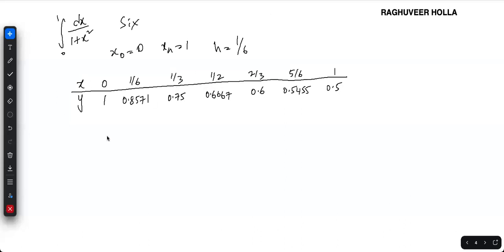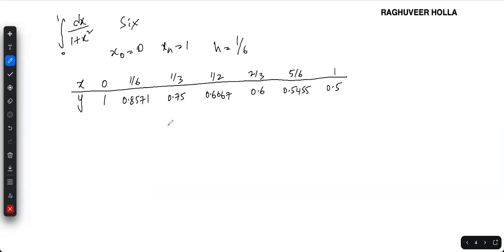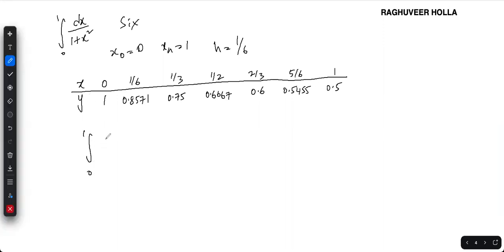So you can see this by putting x values, you get y, right? Since it is 6 equal parts, I'll be using the same formula here. So let us substitute this and find the integral from 0 to 1 of dx by 1 plus x squared, which will be 0.6932.